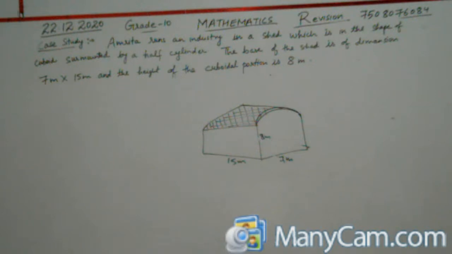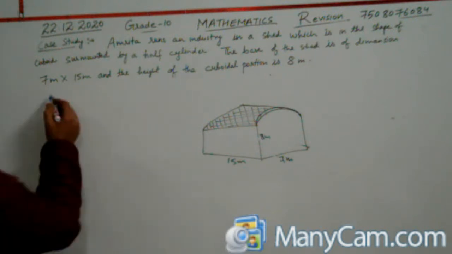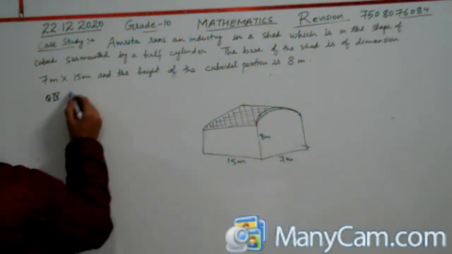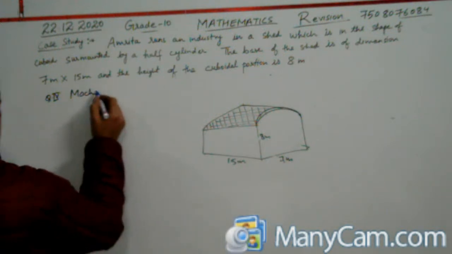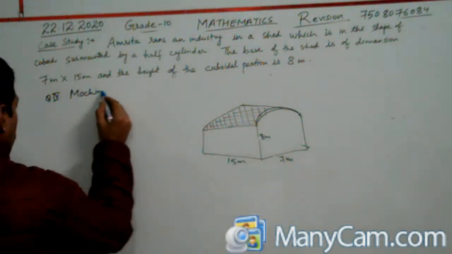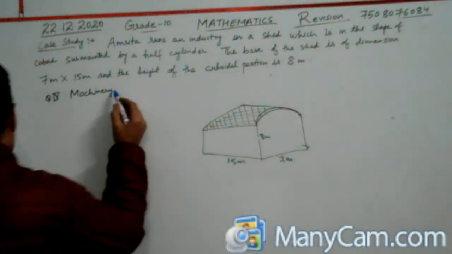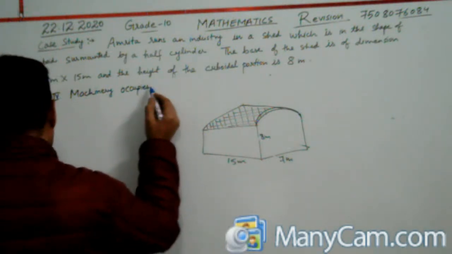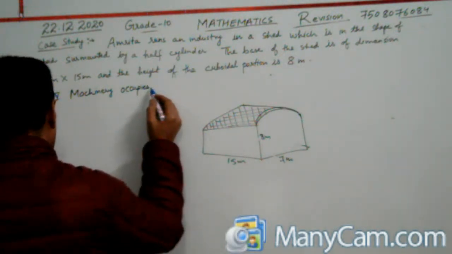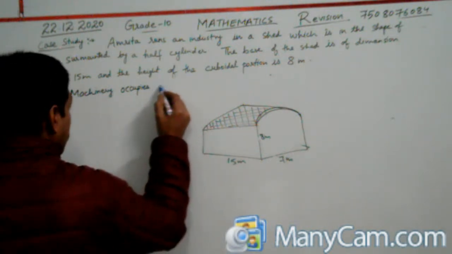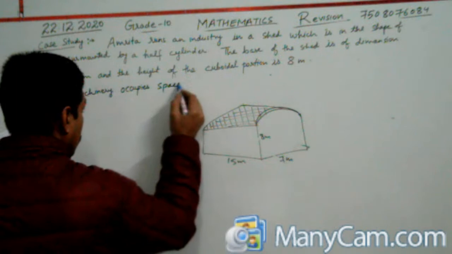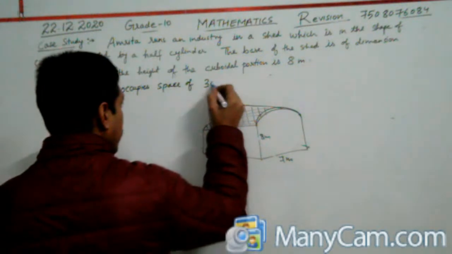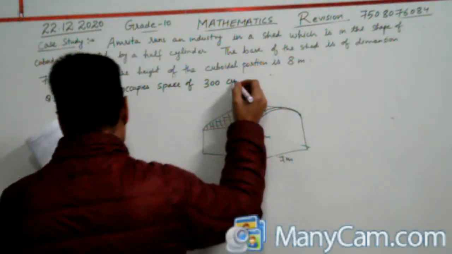Question number 4. The machinery occupies a total space of 300 cubic meter.